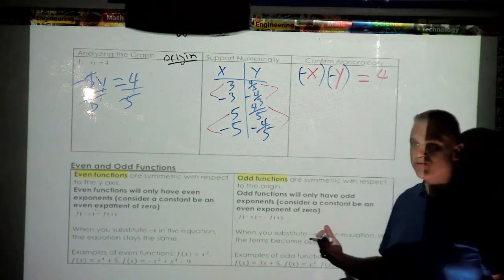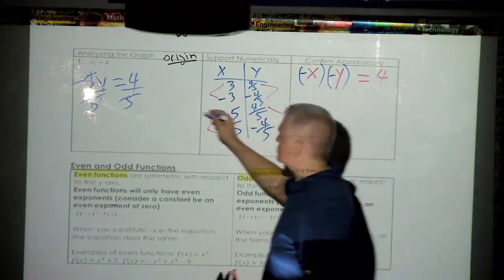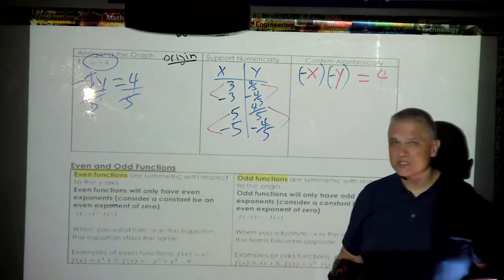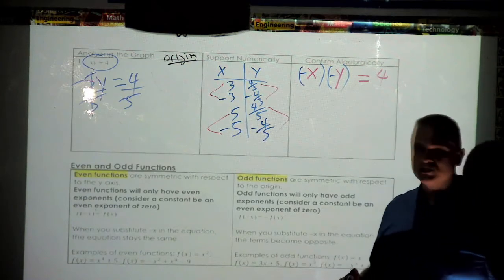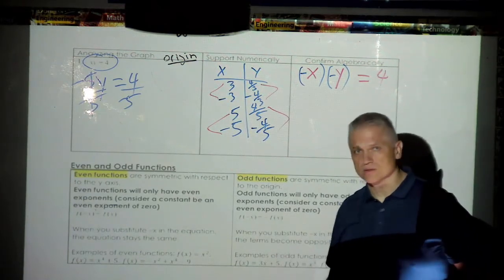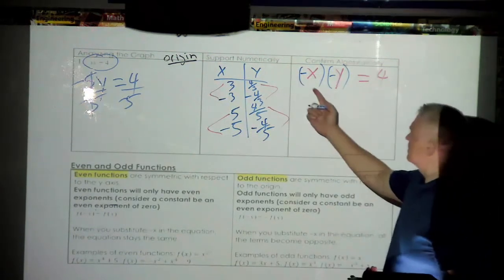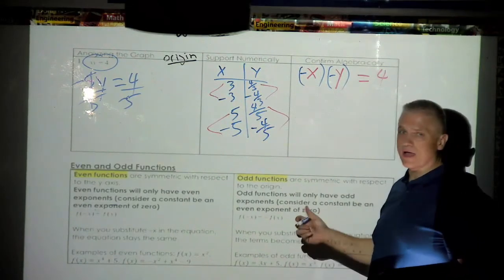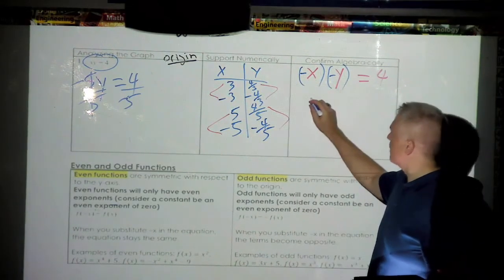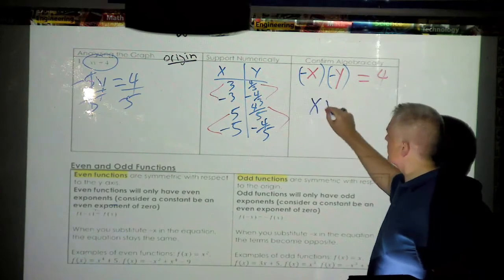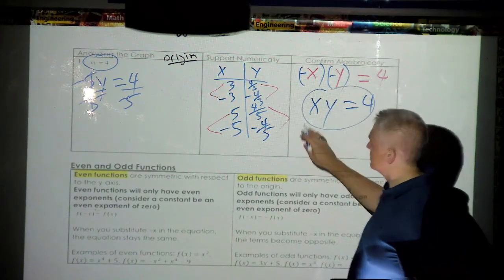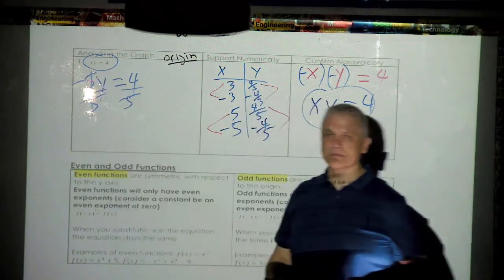And if I simplify this, and it goes right back to the beginning of xy equals 4, then it is rotationally symmetric to the origin. Easy peasy. What's -x times -y? Negative times negative is positive xy. That gives you the exact same beginning.